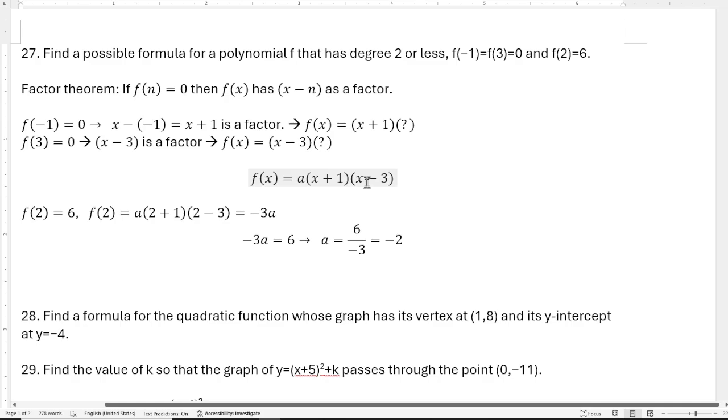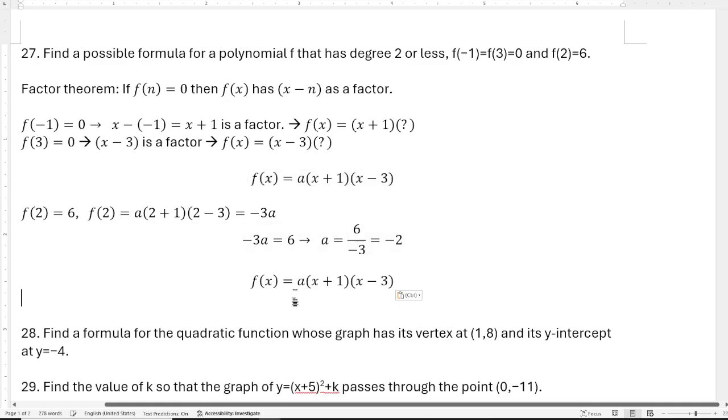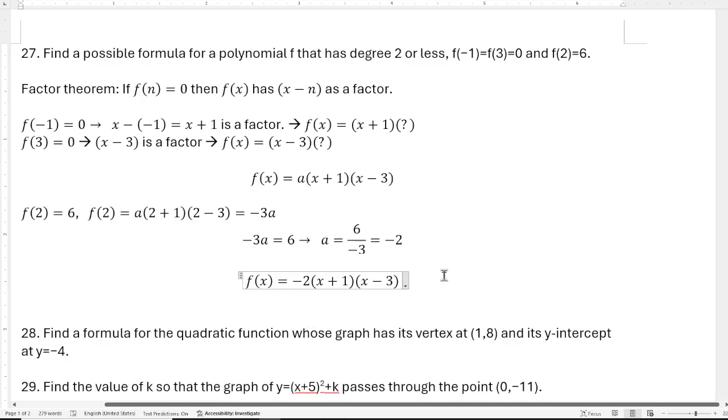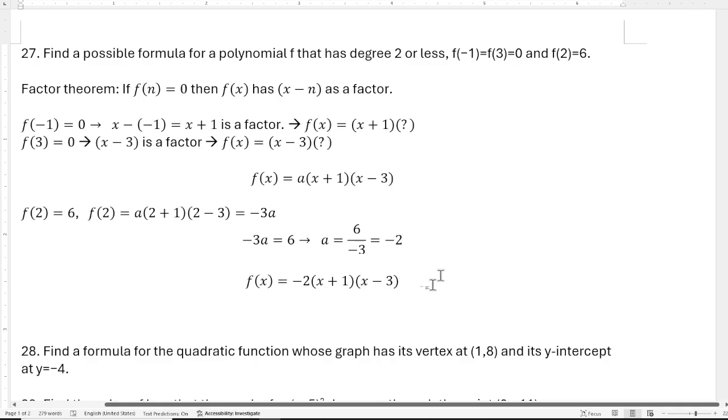Okay, and therefore the final answer is that the polynomial f that has degree 2 must be this polynomial with a replaced by negative 2. So this is a perfectly fine answer.